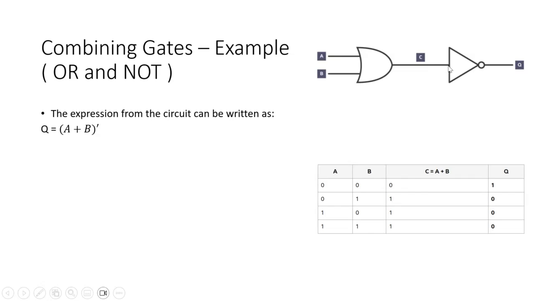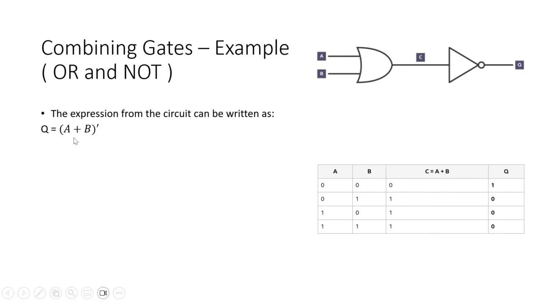So at this stage, 0, 1, 1, 1 is going into the NOT gate. This column 3 is the input for the NOT gate. And what the NOT gate does is it takes the input and gives the opposite as the output. So 0 will become 1, 1 will become 0, 1 will become 0, and 1 will become 0. So your final output is 1, 0, 0, 0.